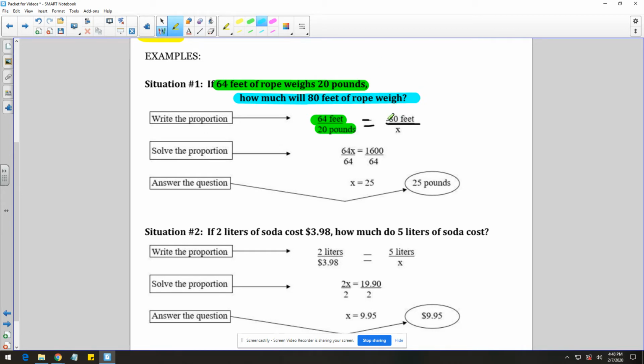So I'm going to put that over here on the right-hand side, and I just need the feet across from the feet. And then my x, which is my unknown, how much will it weigh, goes down here in the bottom. And then I'm just going to cross multiply the 20 times 80, because that's the diagonal I know, and then divide by 64 to find the value right here, which is going to be 25 pounds.